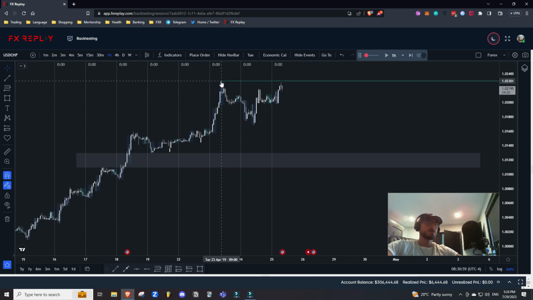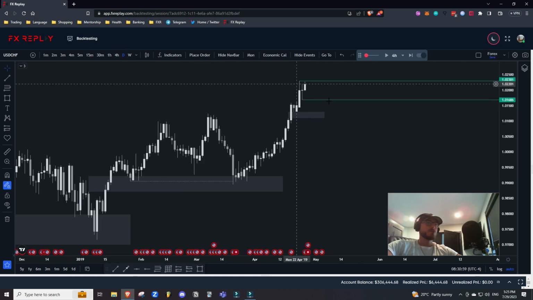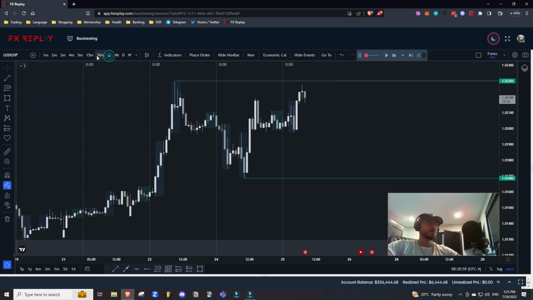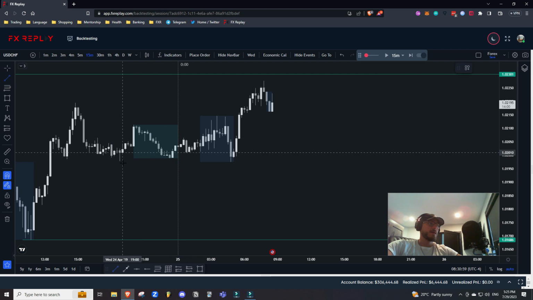We have a daily high here, daily low here. Definitely looking for price to come and purge that daily high. We look at daily and we're still in a bullish state, so again very likely that the high is going to get taken and the low is going to be maintained. We had a sweep of Asia right here.